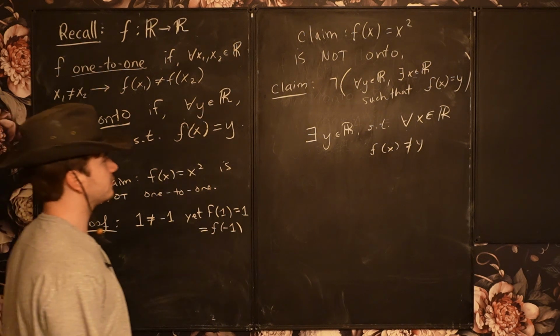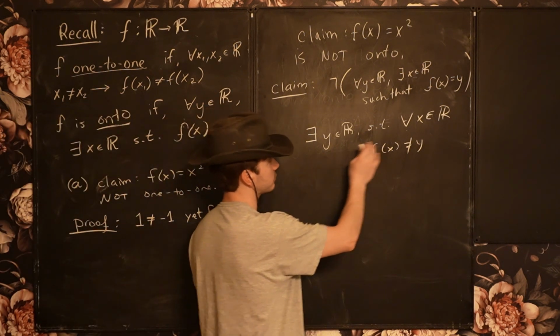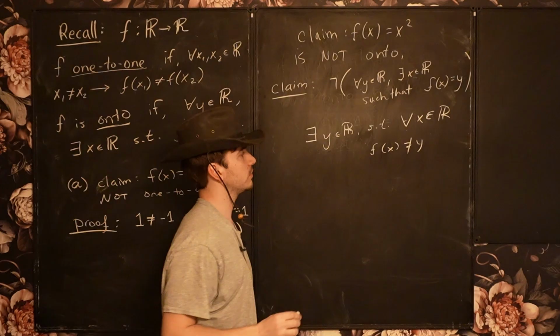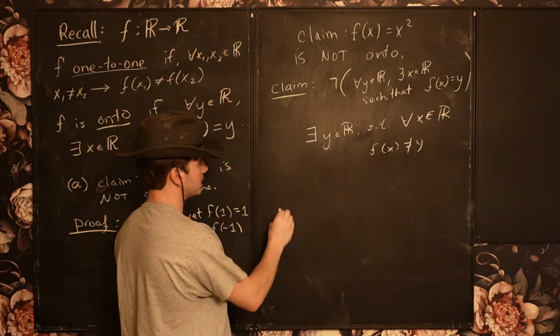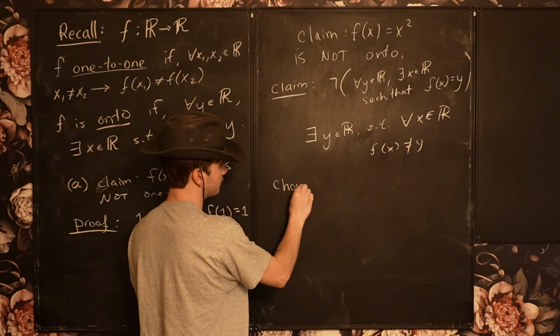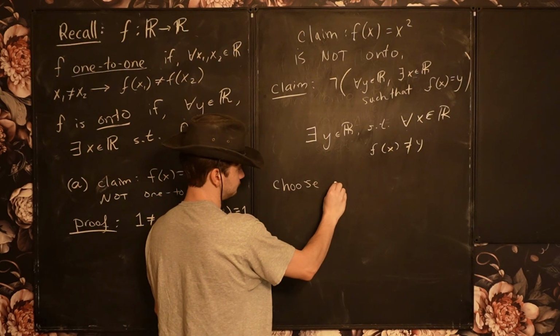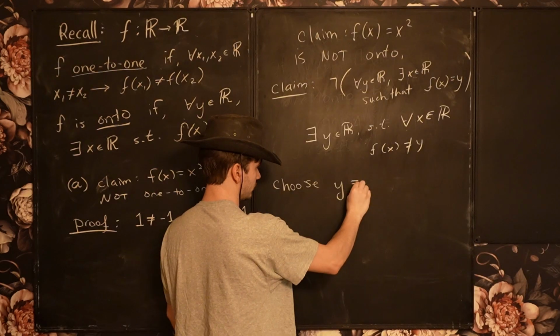Okay, so we need to find a y such that for all x within R, f of x is not equal to y. So let's choose y to be equal to -1.